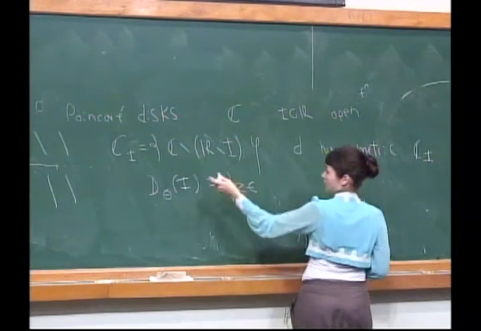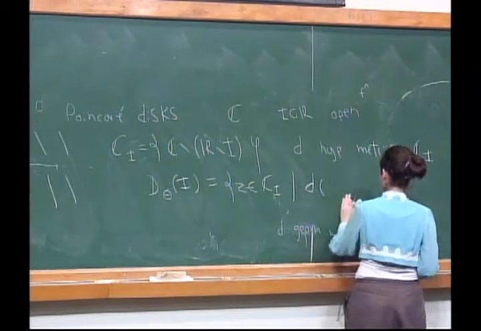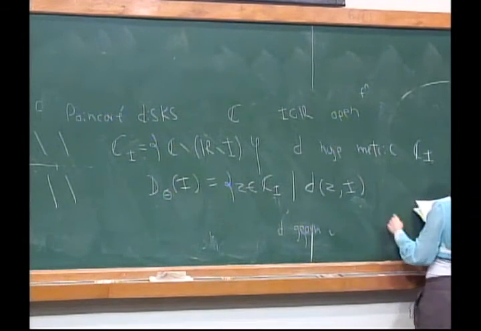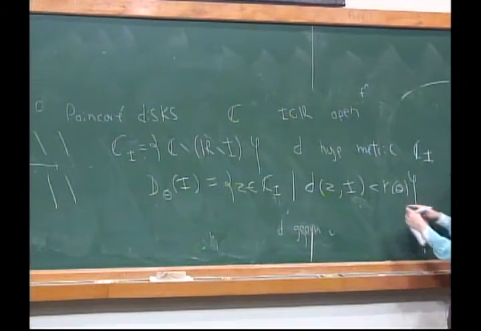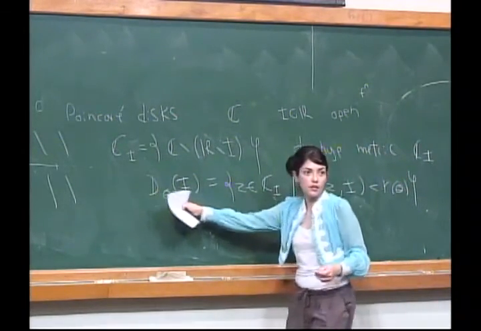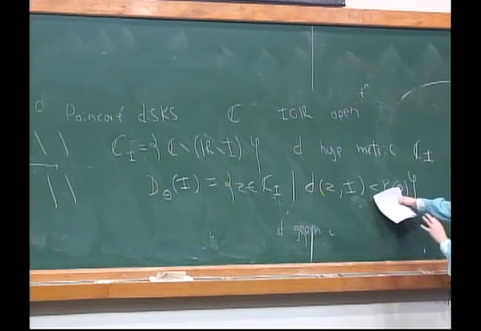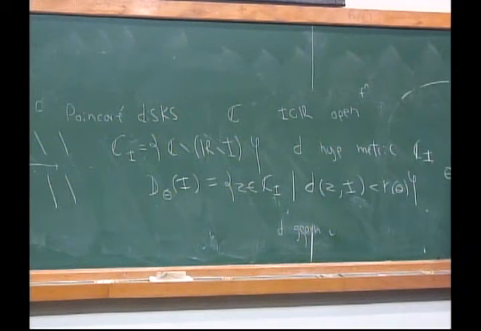So you take the points in C of I such that the hyperbolic distance between these points and the interval I is less than some R of theta. So R is a function, let's say the radius. I'm not going to say the specifics. It's just some log of tangent or something. But it's just the points whose distance to the interval is less than something in the hyperbolic metric. And theta will be just an angle between 0 and pi over 2.